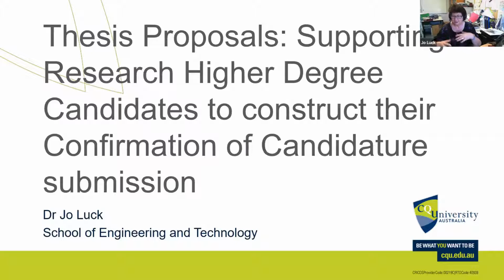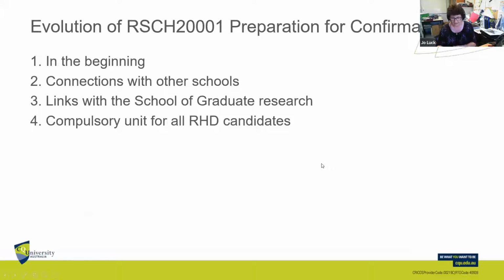So I'm really just going to talk about the movements or the translations that have happened since 2012 with this unit, RSCH 20001, Prepare for Confirmation. As I said, it is now a compulsory unit that all research high degree students have to take before they do their confirmation of candidature submission.